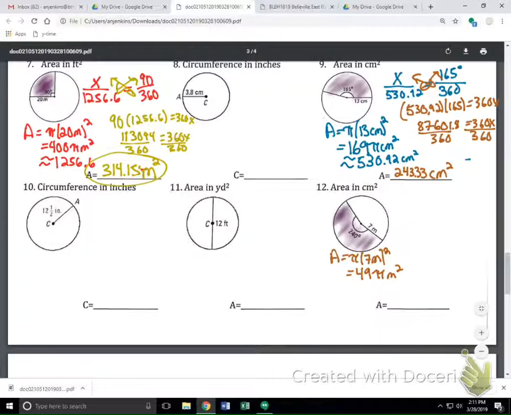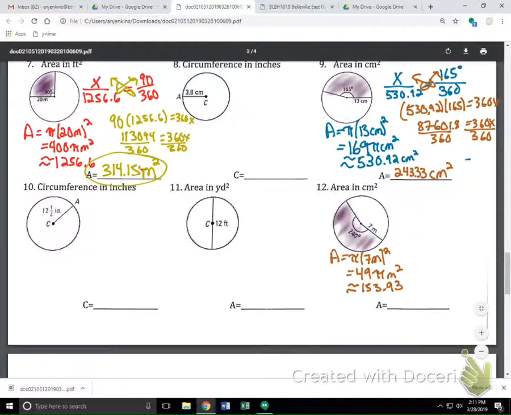I got 153.86. That's not what the answer is. Does that sound right? Okay, can somebody else verify? What did you get? 153.94? It's the same. Dang. 93 and 86 is not the same thing.